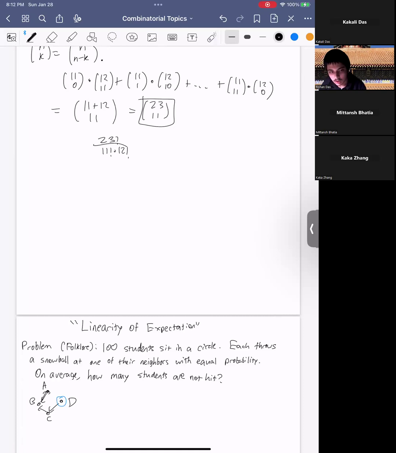We want to think about on average what this is. This is a problem that's very hard to tackle because there are too many variables in where each student throws a snowball. So instead, we can think about this for one specific student.